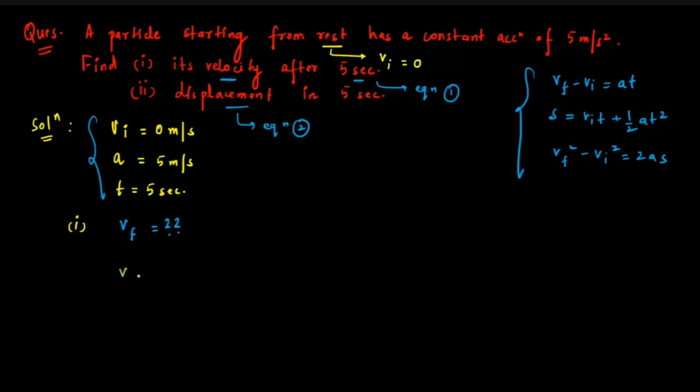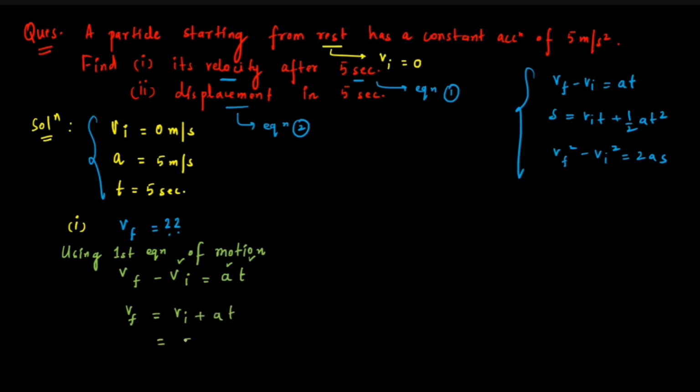V final minus V initial is going to be at. Now just look at what is given to you. We have initial velocity, we have acceleration, we have time. So we can easily find the final velocity using the first equation of motion. V final is V initial plus at.